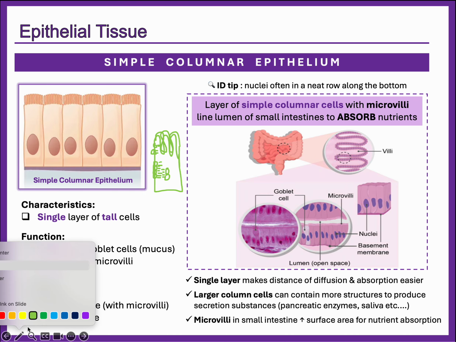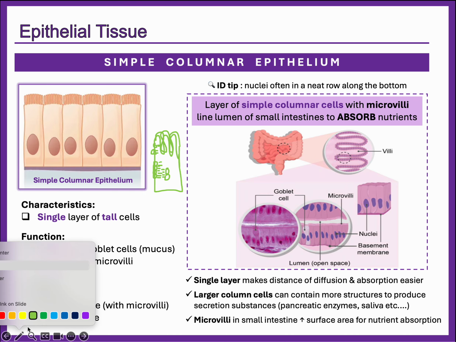Why? Because what does it do to increase? Let me zoom in onto this cell, right? Why would my cell want to do this? And why wouldn't it just want to be flat like this, right? In these cells, the small intestine we know absorbs things like nutrients.